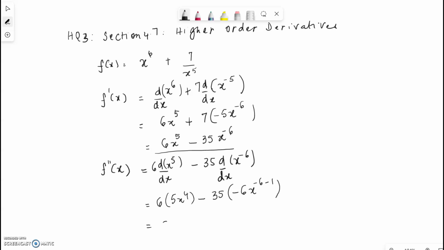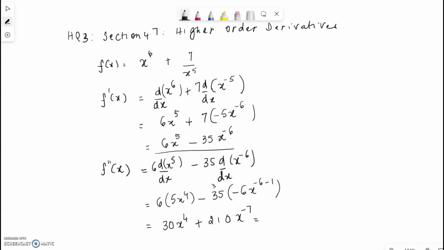So this is equal to 6 times 5 is 30, x to the 4th plus 35 times 6: 6 5s are 30, 6 3s are 18, 19, 20, 21, so 210, x to the negative 7.